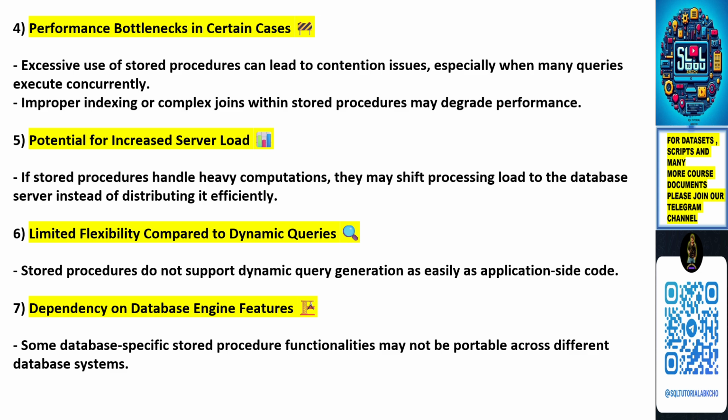Stored procedures do not support dynamic query generation as easily as application side code. So it is a little bit difficult to write dynamic queries in a stored procedure as compared to application side coding. Now the seventh point is dependency on database engine features. Some database specific stored procedure functionalities may not be portable across different database systems.